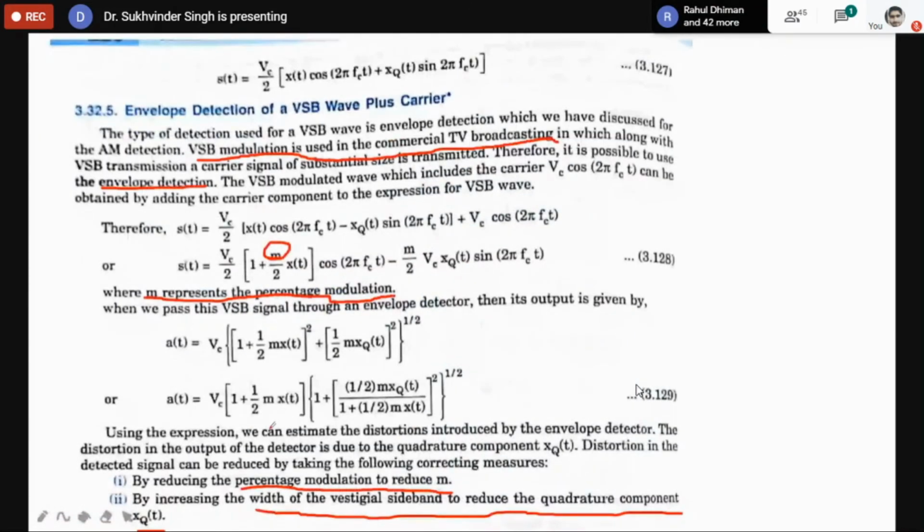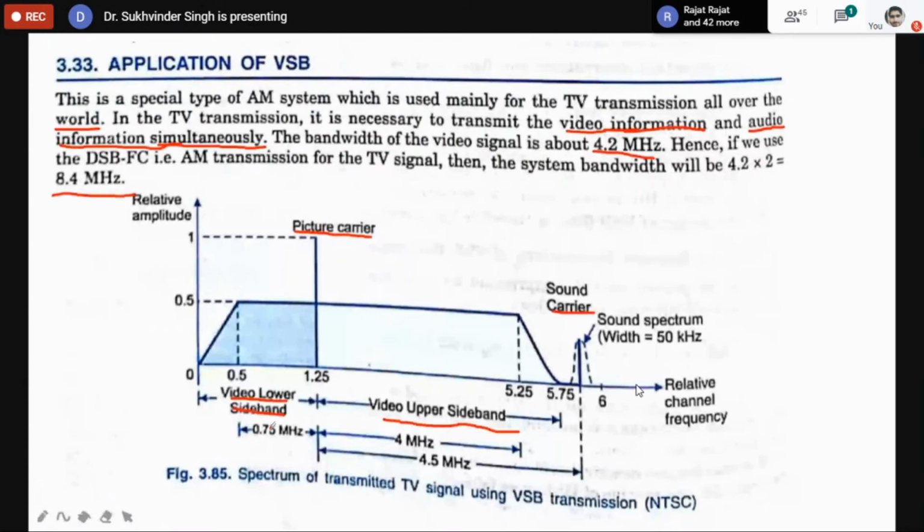Now let us move to the last part, application of the vestigial sideband. The application of vestigial sideband is in TV transmission. In TV transmission, we should have both the picture quality as well as sound. So it is capable of sending two types of message signals instead of one, as in amplitude modulation, double sideband suppressed carrier, and single sideband.